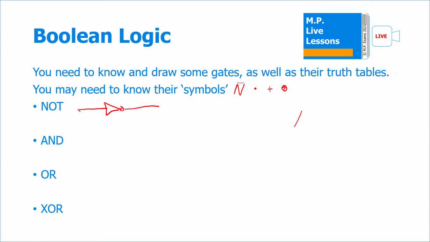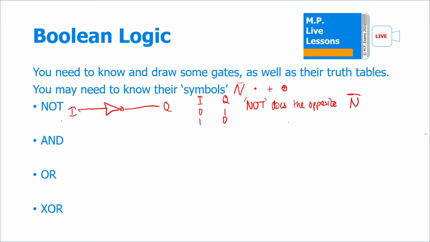So for example, if your input is I and your output is Q, and we draw a little truth table, if our input is 0, it goes to 1, and if our input is 1, it goes to 0. So basically, NOT does the opposite. And that's represented by this symbol.